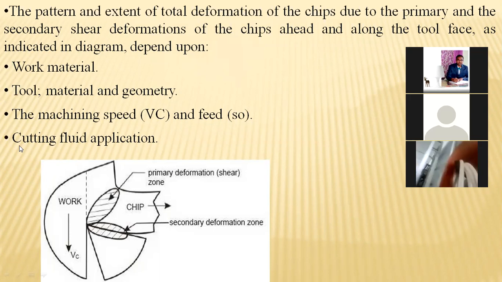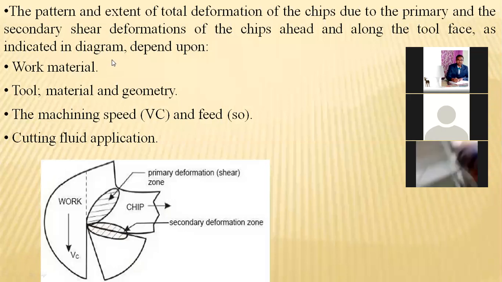parameters here. First one, the type of work material to be chosen, whether it is a ferrous type of material or a non-ferrous type of material, depending upon the mechanical properties, the process needs to be engaged on an initial basis.